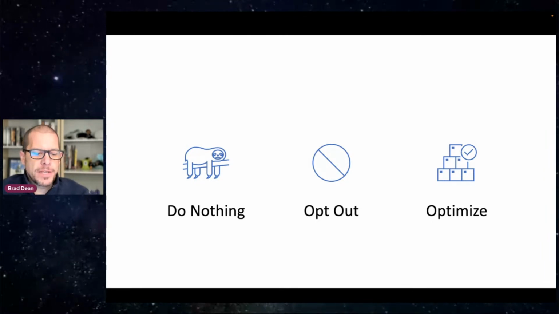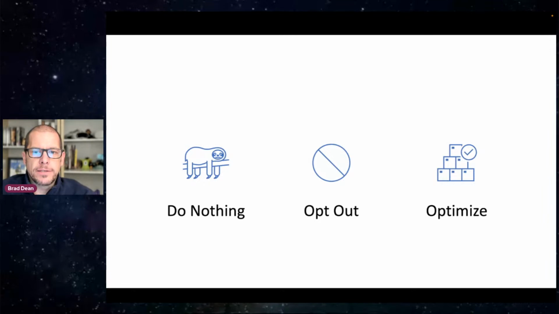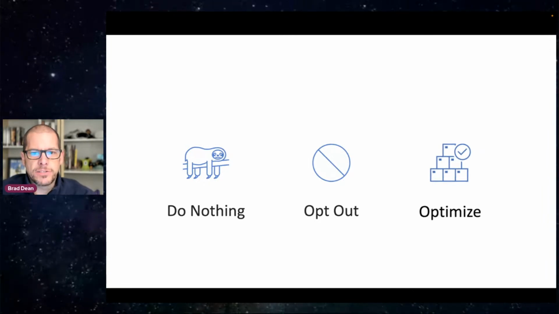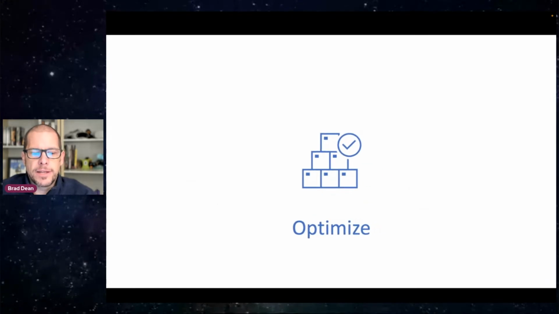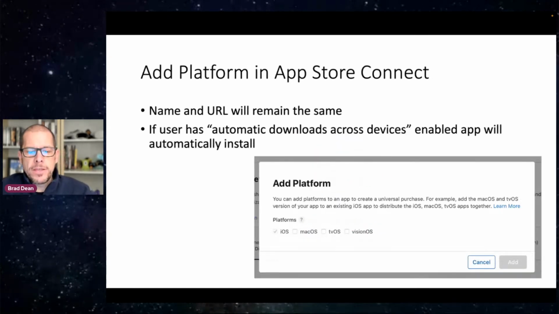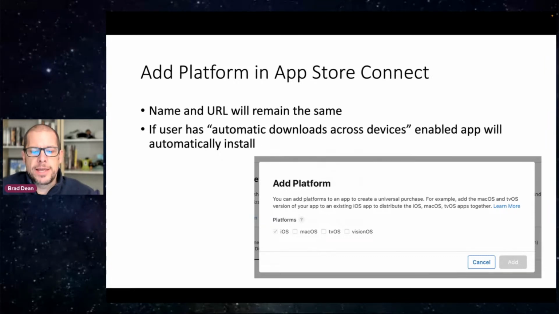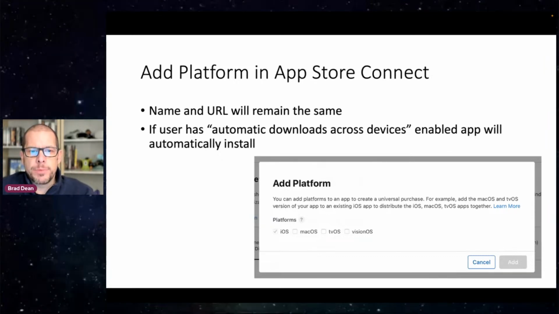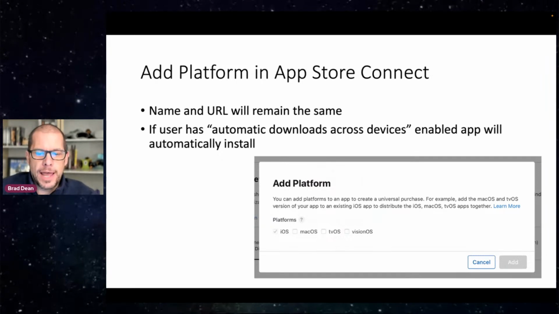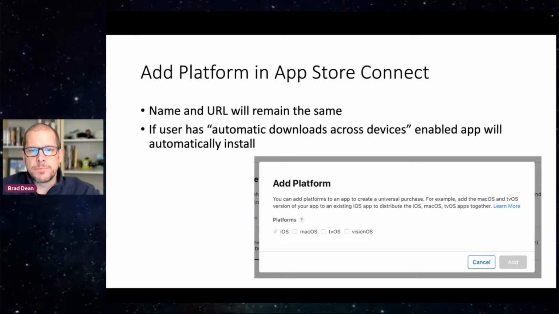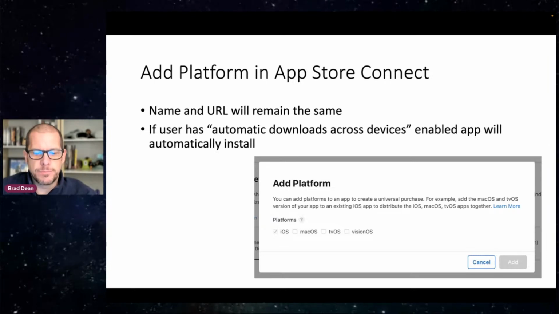If you want to optimize your app and you want to say, let me try it out, let me see how it looks, and maybe even try out some of the new SDKs and kind of have some fun with it. The first thing to do is back in App Store Connect, you say, I want to add this platform and make it available as not just also this iPad app was found in the App Store, but this was targeted for this specifically.